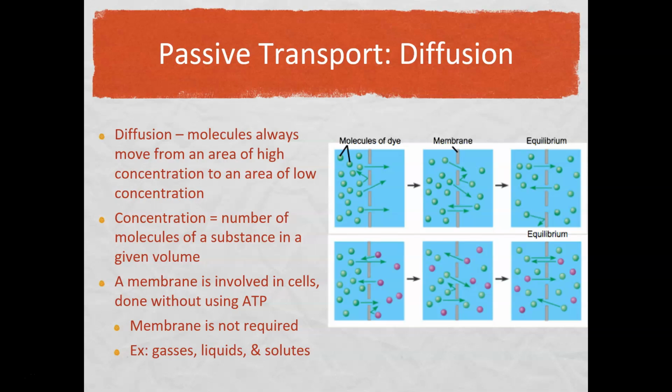That's diffusion. And by true definition, diffusion doesn't actually involve a membrane, right? It can happen in the air. It can happen in a cup of water with your dye for your Easter eggs. So the membrane technically isn't required for diffusion. Now, when we look at this in cells, the membrane happens to be present, and so diffusion of things like oxygen and carbon dioxide can happen across that membrane in the same manner.